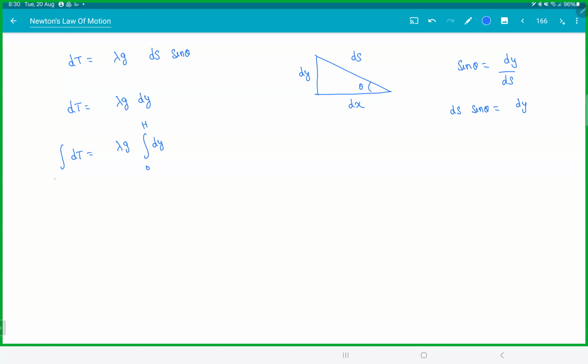At the topmost point, the tension is T1. At the bottommost point, the tension is T2. So we get T1 minus T2 is equal to lambda g y, with limits from 0 to h. T1 minus T2 is lambda g h. The difference in tension depends only on the height, independent of the rope's shape, length, anything. So the general result is this.